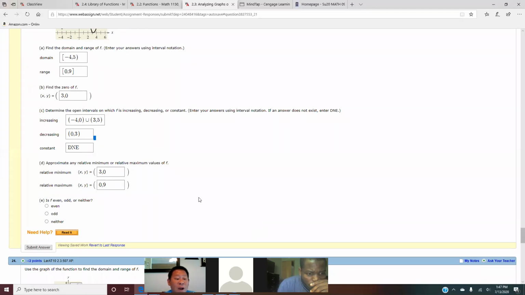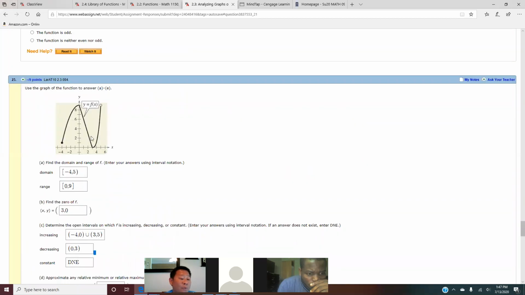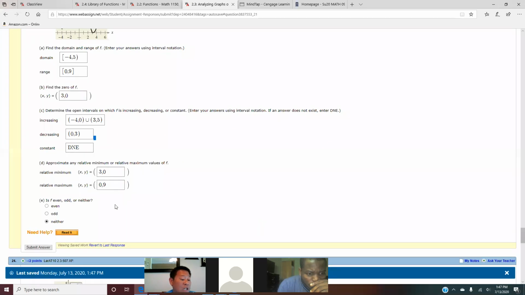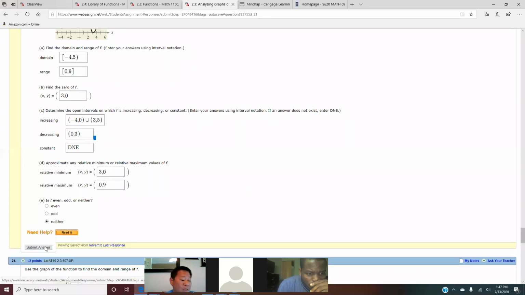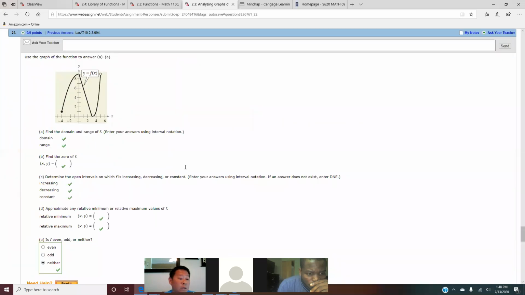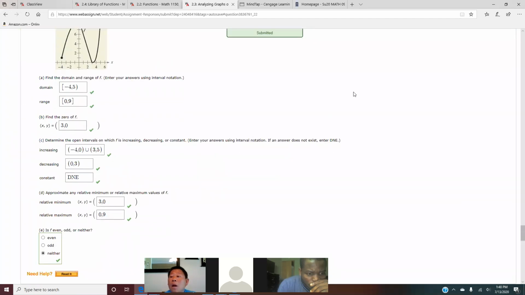Odd means it's symmetrical about the origin. In this case, it's neither, because it's not symmetrical about the y-axis or the origin. So this is how we do question number 23 in your 2.3 homework.